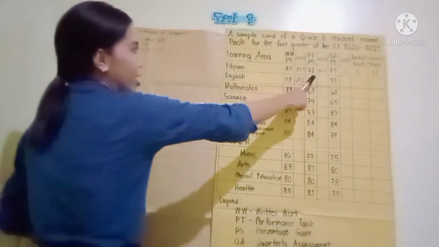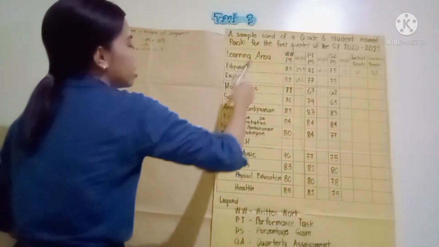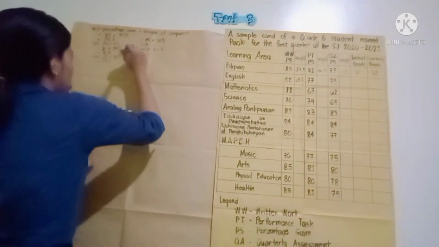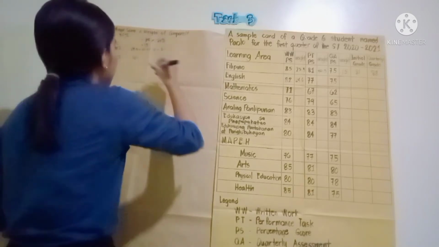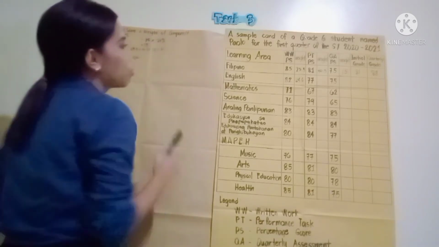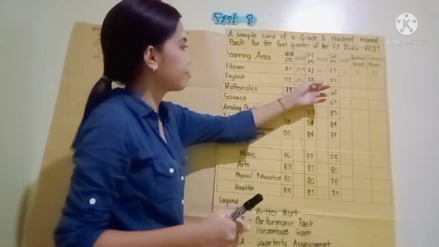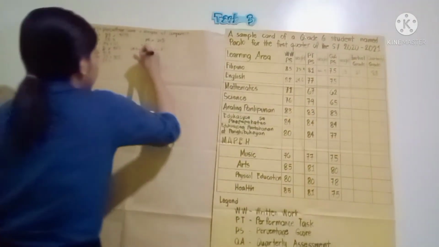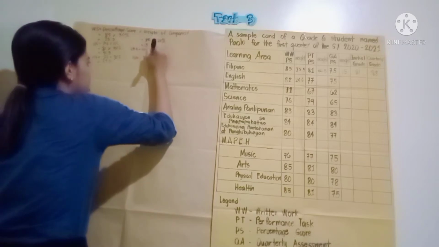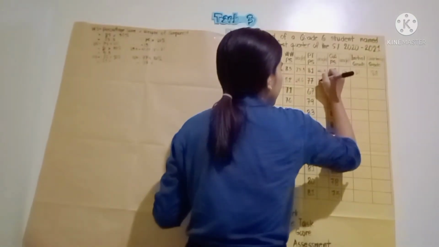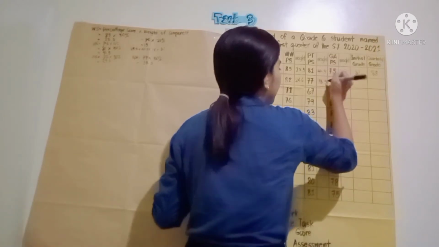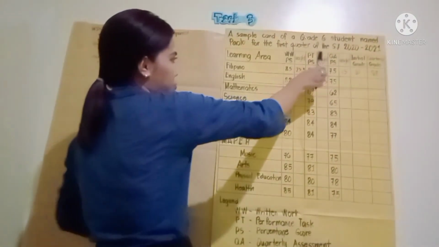Next, we need to get the weighted score for the performance task in his English subject. Weighted score equals 77 times 50%, which is 38.5, his weighted score in the performance task.